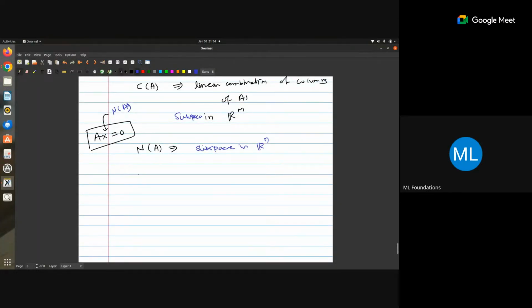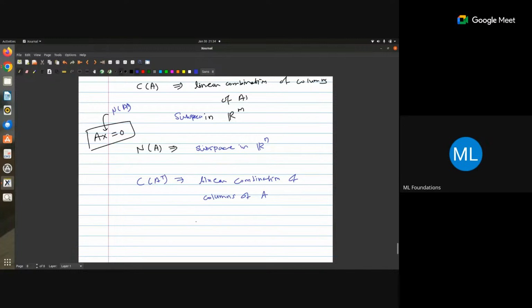Okay, similarly, what about the column space of A transpose? This is a linear combination of what? All the rows of A, or I can say columns of A transpose.